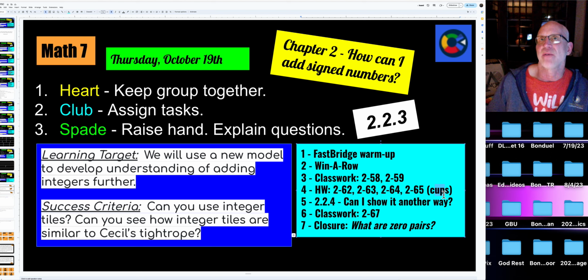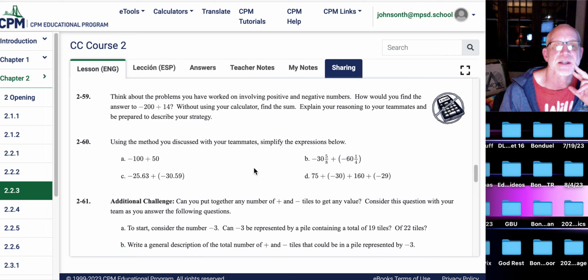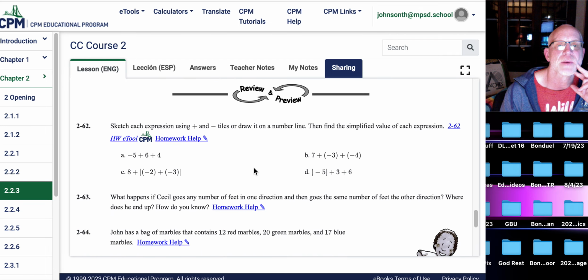Next. Well, let's see what those problems look like, right? 62. Right here. Sketch all of these. You can use discs. You can use a number line. You can use the tiles. The interesting thing in this one is they add absolute value. And remember, when you have absolute value, the number inside, we don't care if it's a negative or positive.